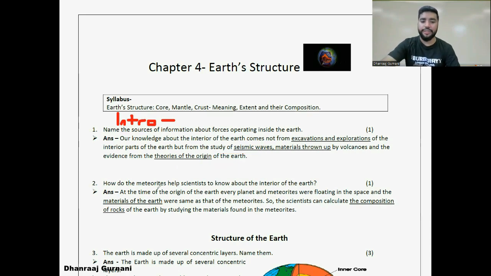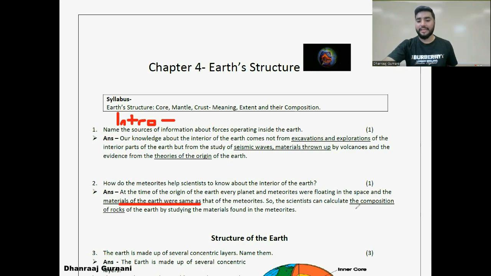Second question: how do meteorites help scientists know about the interiors of the earth? At the time of origin of the earth, every planet and the meteorites which were floating in space were made out of the same material.